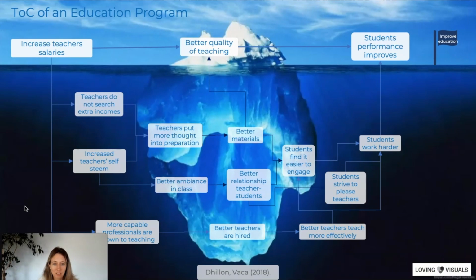But there are other ways to represent the same thing. And again, a lot of decoration in this one, and my dear iceberg that I use a lot of times. But this is the same content as before: increasing the teachers' salaries to get better quality of teaching and better performance to improve education. But here, as you can see, we have used the pathways in a different way.